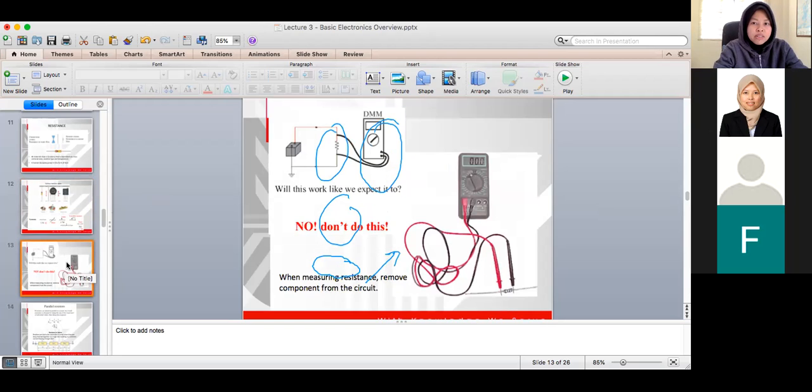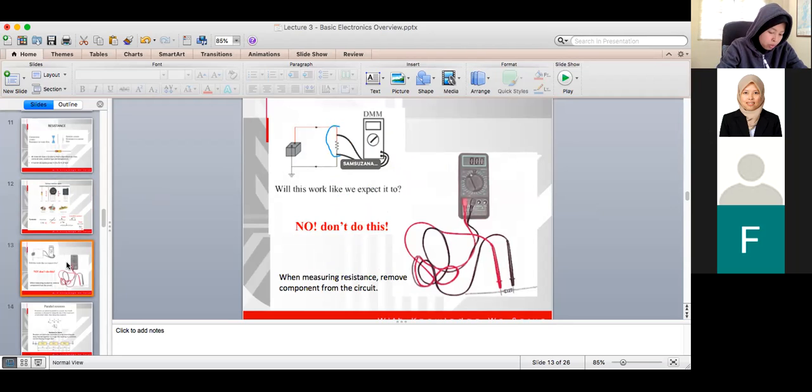Okay, how do we measure resistance? Will this work like we expect it to? For example, if we want to measure resistance, we can just put the multimeter's positive and negative points like this in the circuit. Obviously you will get a value, but that value is not the actual value of this component.